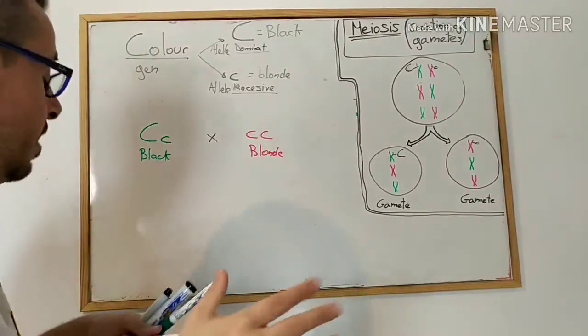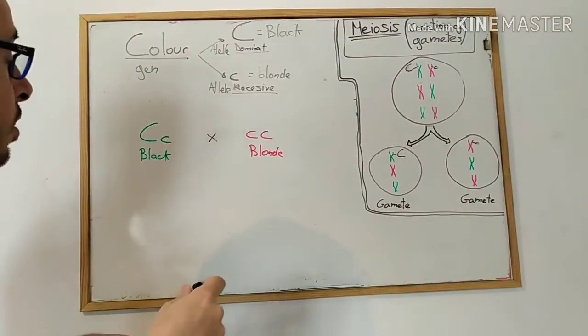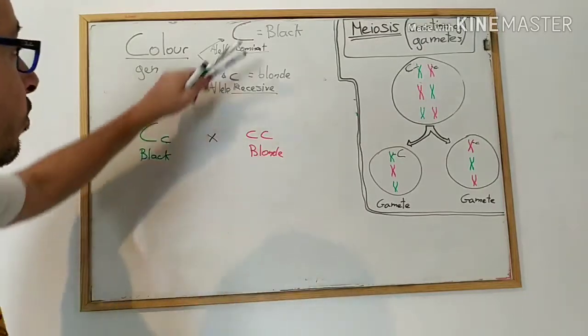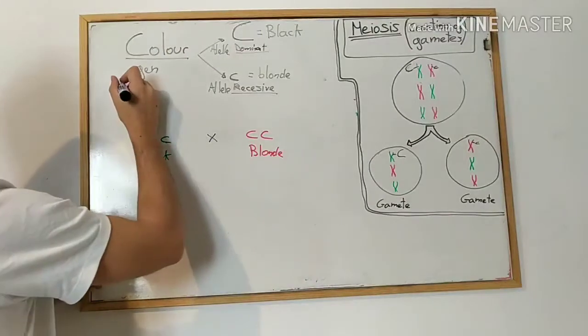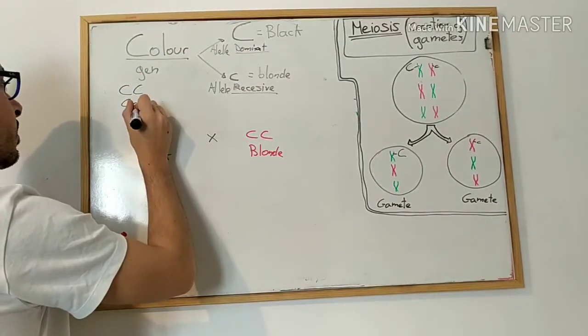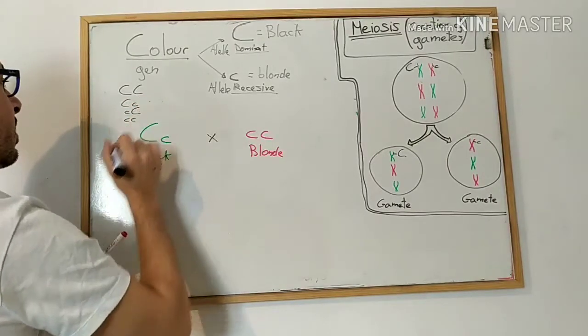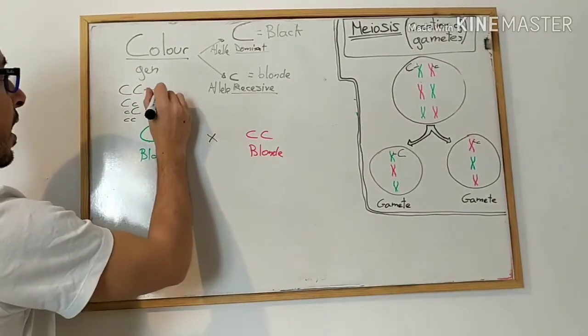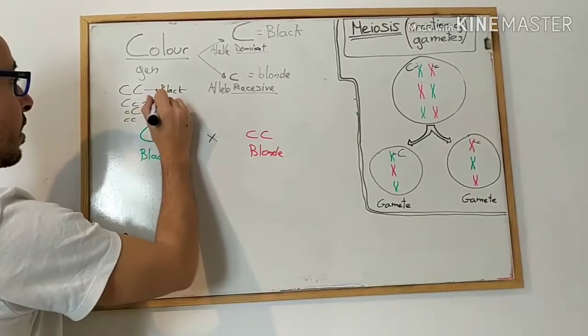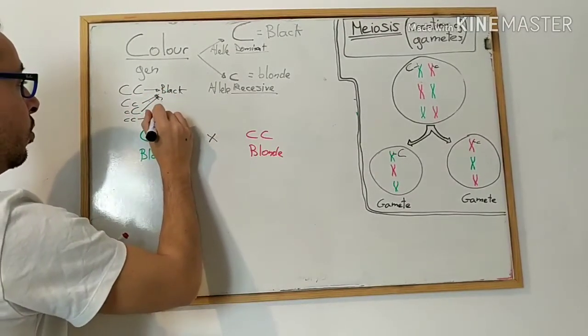We have some different options, okay? In this case, if we pay attention for this, somebody could be like this, like this, like this, or like this. This one black, and this one black, and this one is black, but this one is blonde, okay?